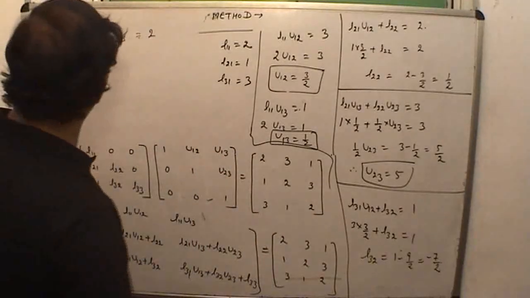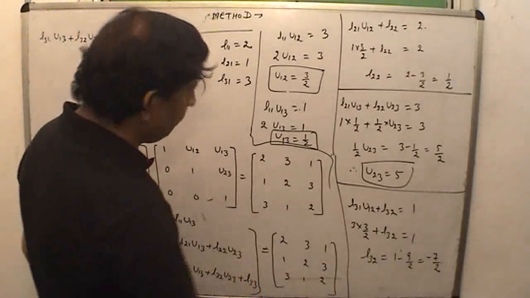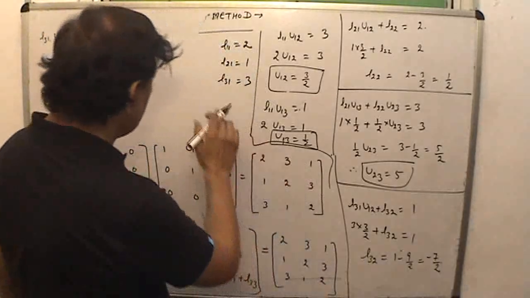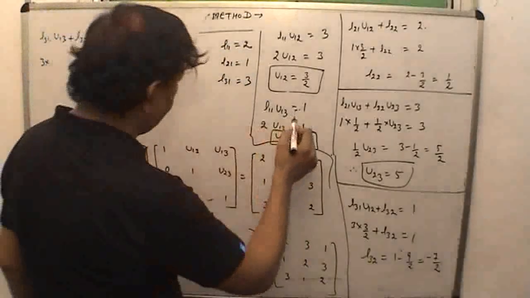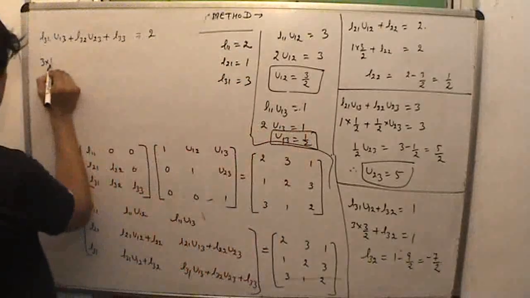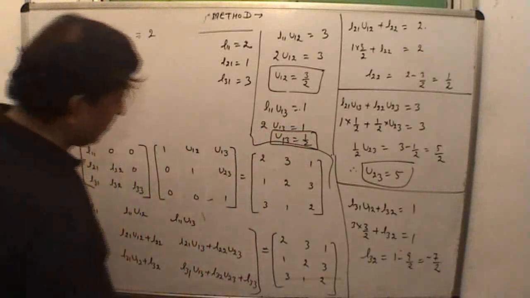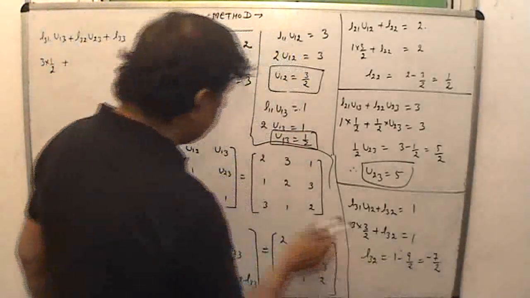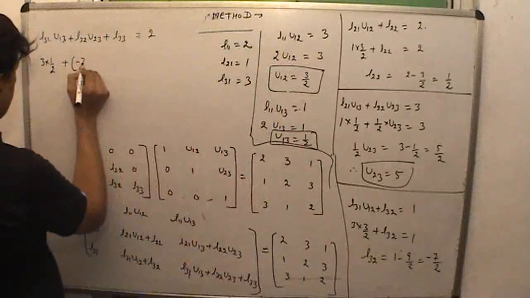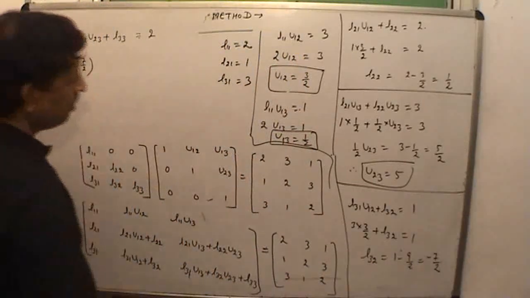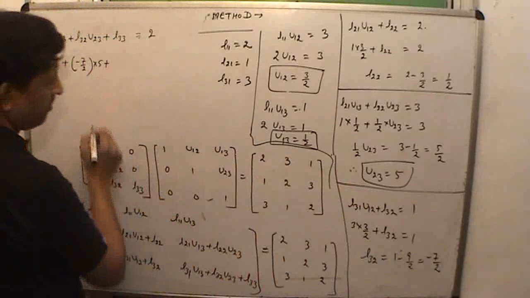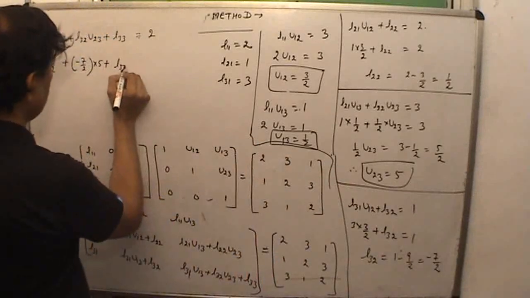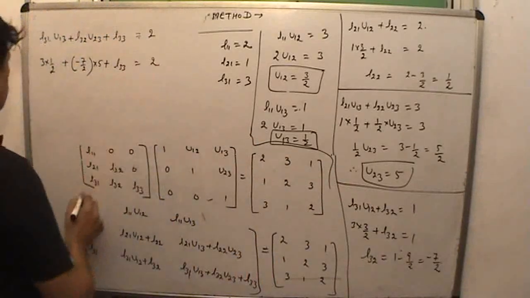Substitute the already calculated values, that is L31, here it is 3 into U13, 1 by 2, plus L32, minus 7 by 2 into U23, that is into 5, plus L33 still unknown, and that's equal to 2.